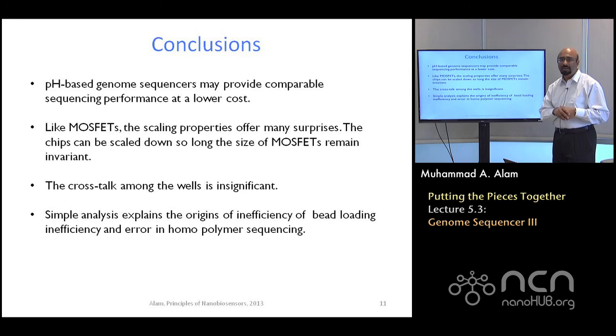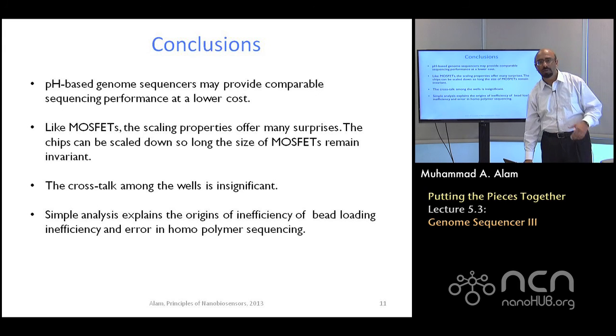The point is, loading more than 1/3 would be very difficult. And so therefore, although you may have 165 million wells, only 1/3 of them will actually be useful, which is fine maybe, because you need 40 million. So you may be more than fine. But the thing is, large fractions of the wells will do nothing and will be loaded with empty beads.